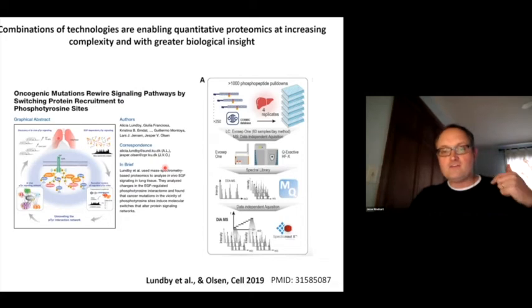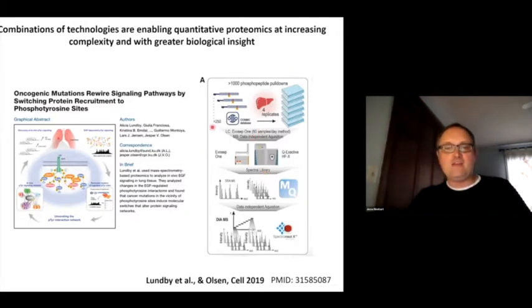You're introducing labels, you're using modern mass spectrometers that are faster and more accurate, and it allows you multiplexing in ever greater and greater complexity.